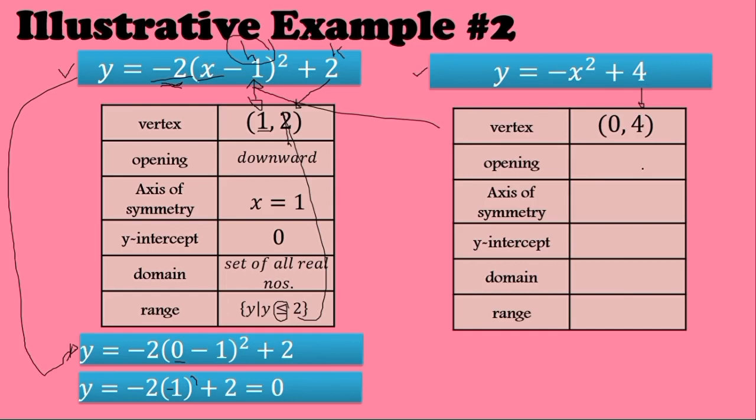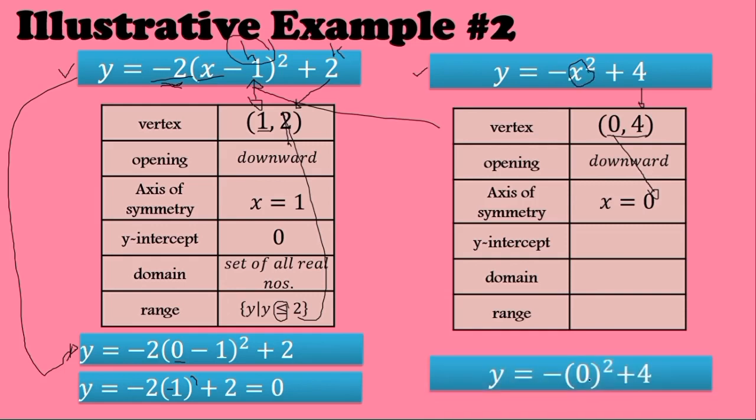The opening of the graph, again, the value of your a is negative or less than 0. It opens downward. The axis of symmetry pertains to the value of h in your vertex, so x is equal to 0. The y-intercept, let's solve for it by letting x be equal to 0, and that is 0 squared is 0 plus 4 is 4.